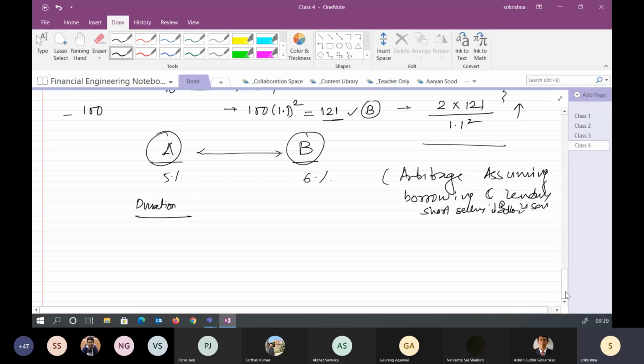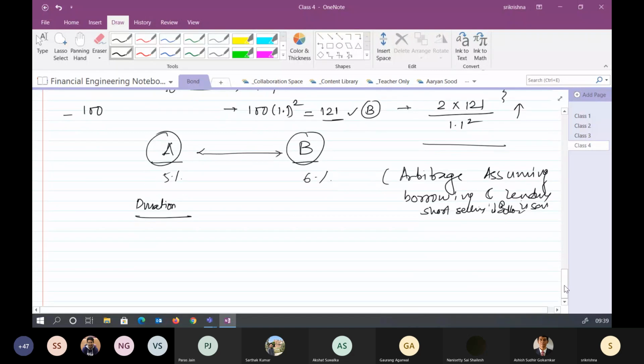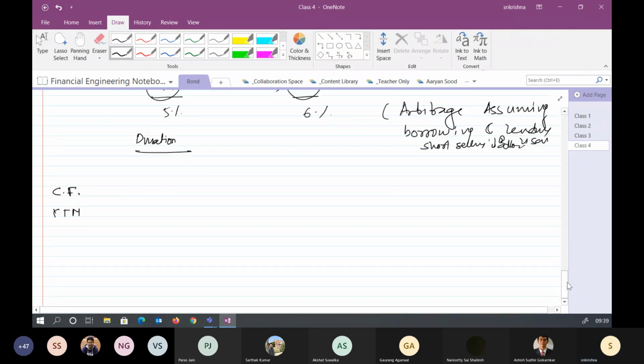To calculate the duration, this is the expression: discounted cash flow divided by the price. Let's start with the cash flow, and then we know the present yield to maturity, and then we calculate the discounted value.